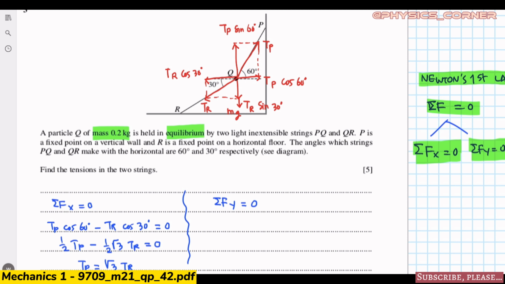So on the y, TP sine 60 degree minus TR sine 30 minus mg equals 0.